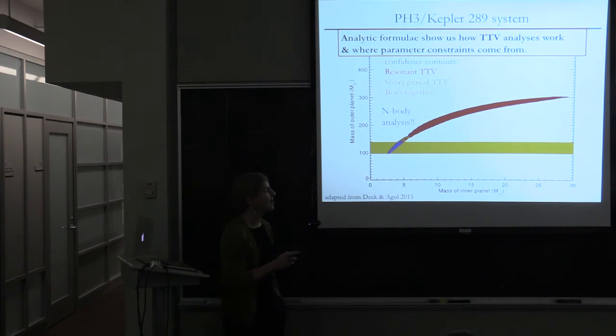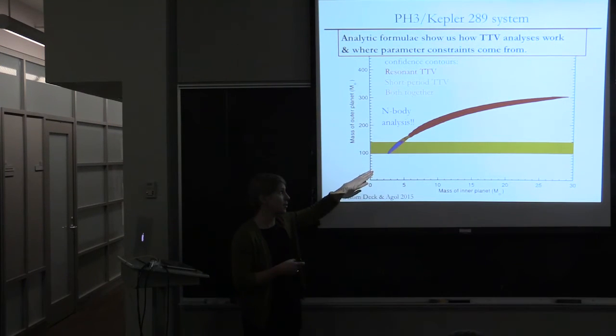Yeah. Okay. So what I can say is that the resonant TTV formula is approximate, and in particular, I'm using a version of the formula that only works when you're very near the resonance, and it breaks down as you move away. So what this is telling you is actually not that there's anything to worry about, but more that the assumptions that went into deriving that formula aren't exactly met for this system.